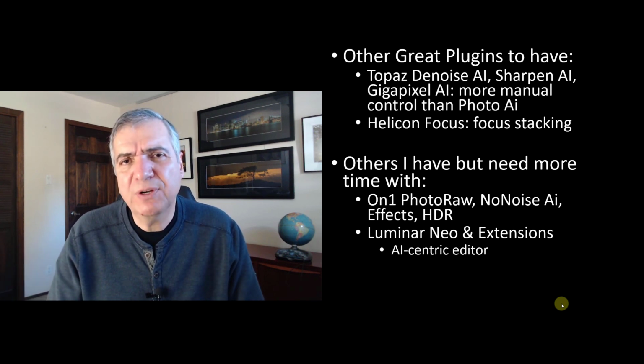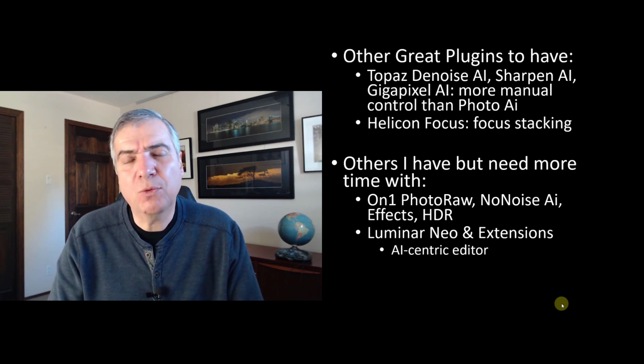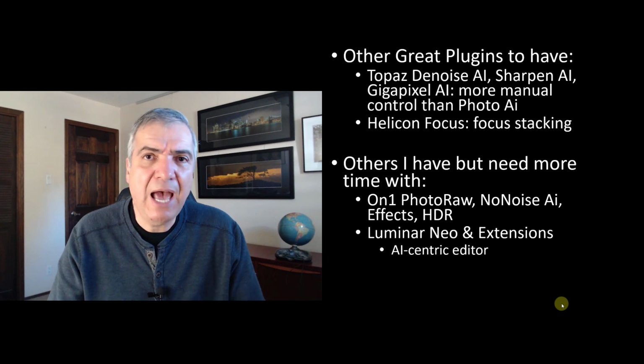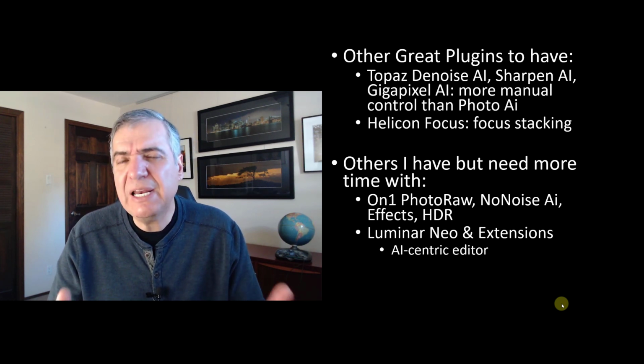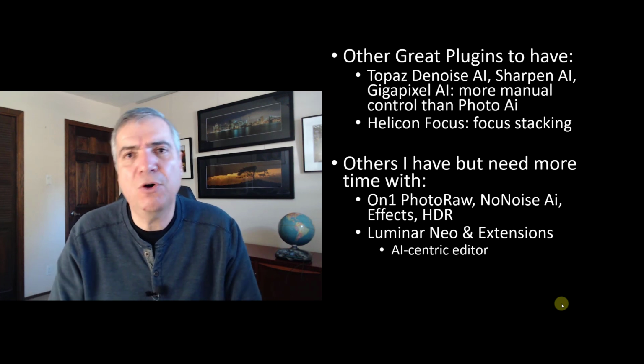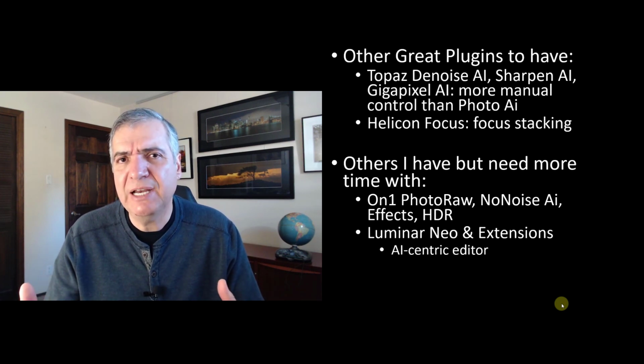Another software that I have is Luminar Neo from Skylum. Skylum came out with Luminar, and then they changed it to Luminar AI, and then now is Luminar Neo. That is really built around artificial intelligence with some degree of manual controls. I think they're still trying to find their place in the marketplace. But I find it very intriguing, and I need to play with it a little bit more.